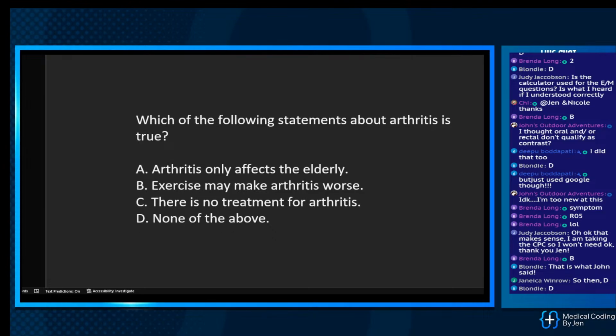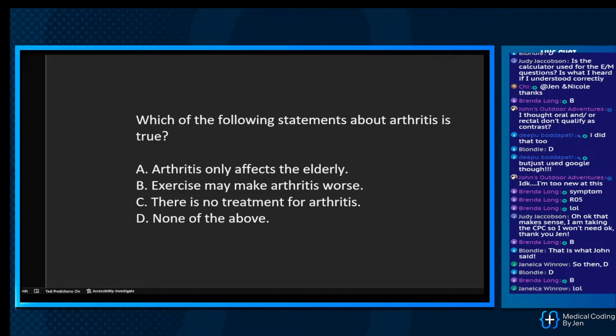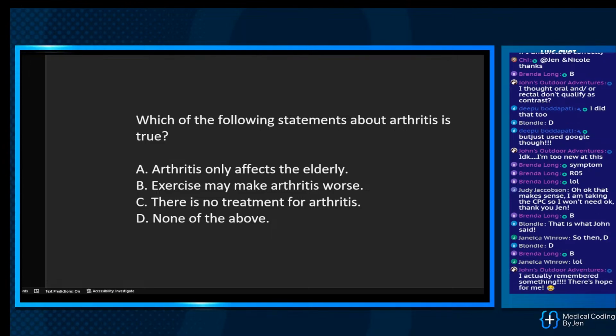Which of the following statements is true about arthritis? Arthritis affects the elderly. Exercise makes it worse. There's no treatment for arthritis. None of the above. You did good, Johns. Awesome. Yeah, I read it too fast. I didn't see the don't.